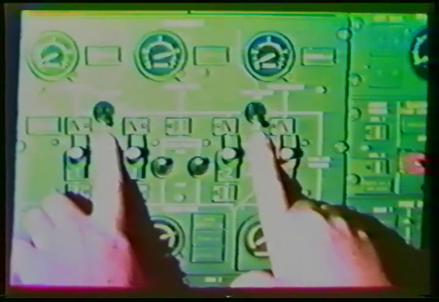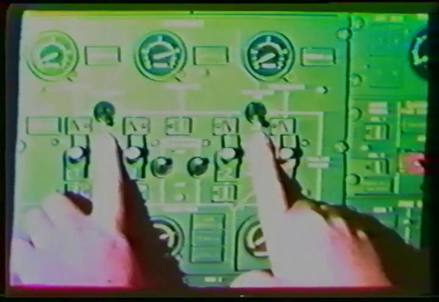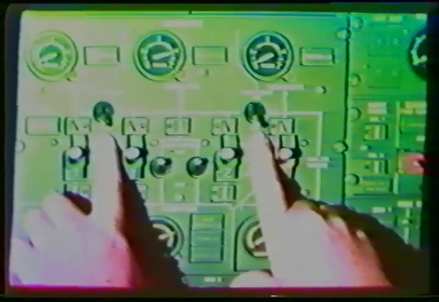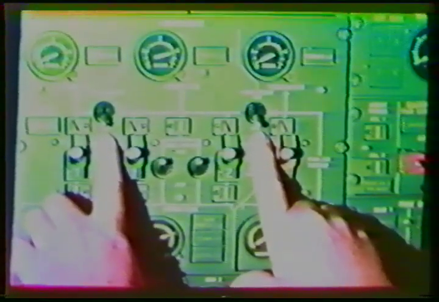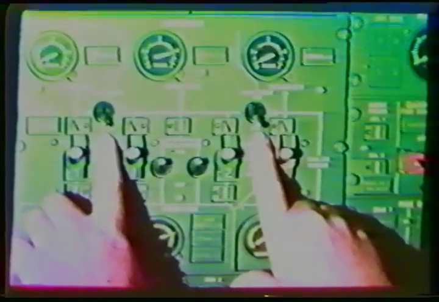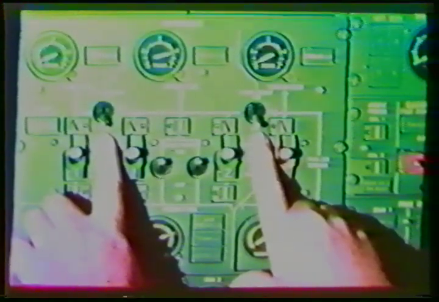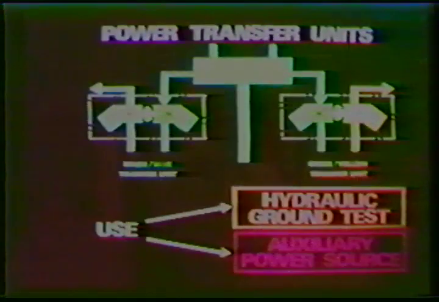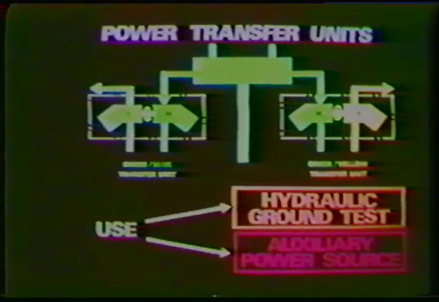These two on-off switches control the operation of two installations called power transfer units, or PTUs, which are backup pressure sources for the blue and yellow systems. The PTUs permit the blue or the yellow system to be pressurized from the green system.